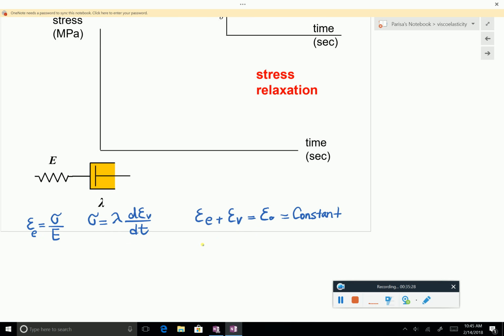So I take d over dt of epsilon E, then I have d epsilon V over dt.